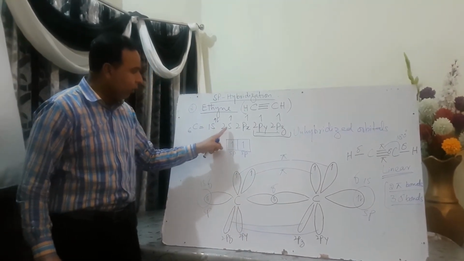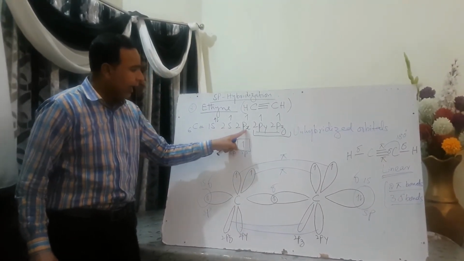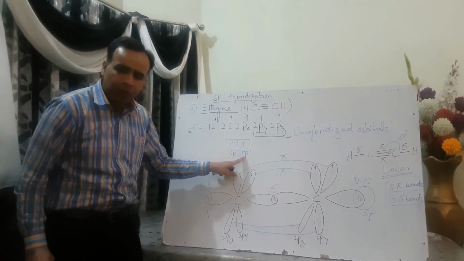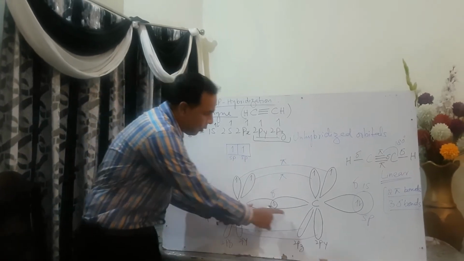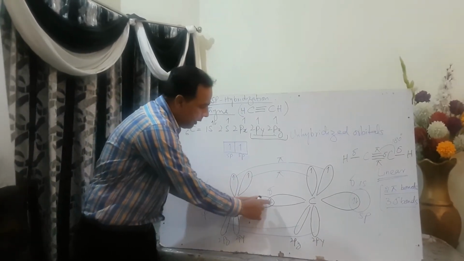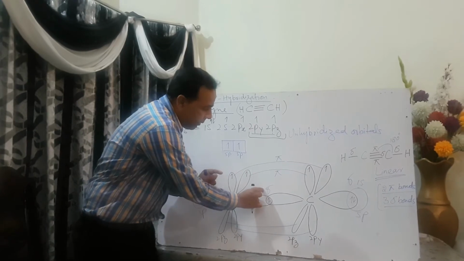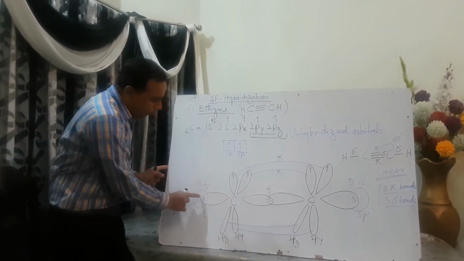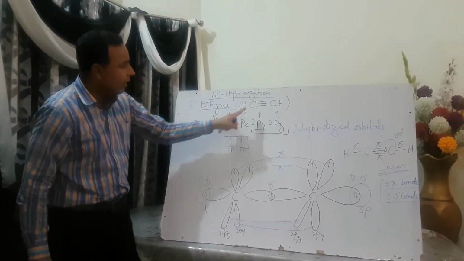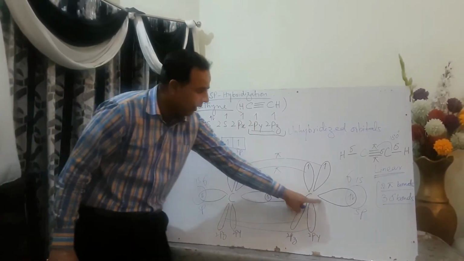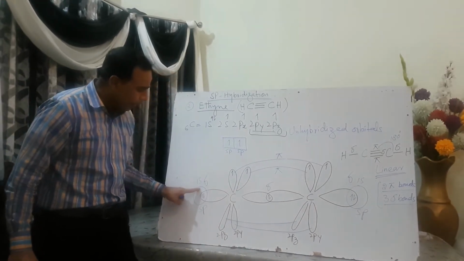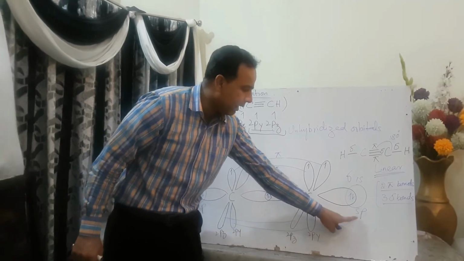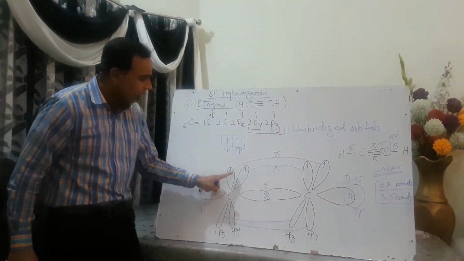Therefore in this hybridization one s and one p orbital overlap to form sp and sp hybridized orbitals. When these two carbon atoms overlap head-on, a sigma bond will be produced, and each carbon atom will combine with one hydrogen atom on its side, which will also produce a sigma bond.